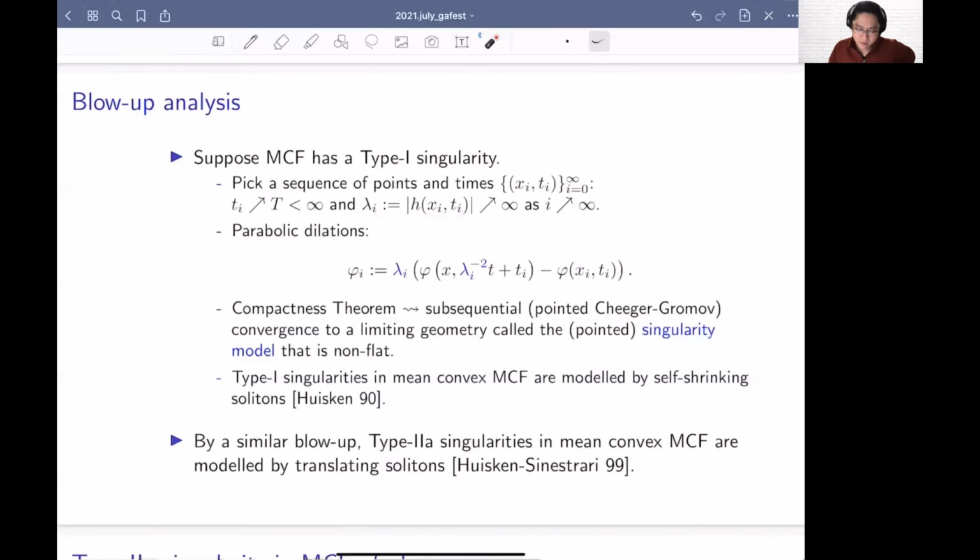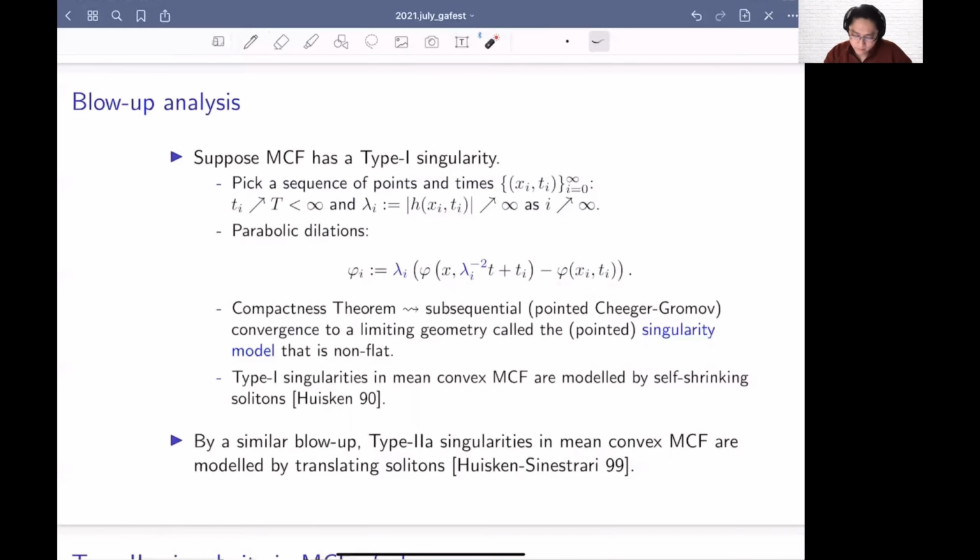This is the so-called parabolic dilation, and precisely, this is how it's done. The minus phi here is just centering our surface so that it contains the origin. And after the parabolic dilation, now we have a family of hypersurfaces.